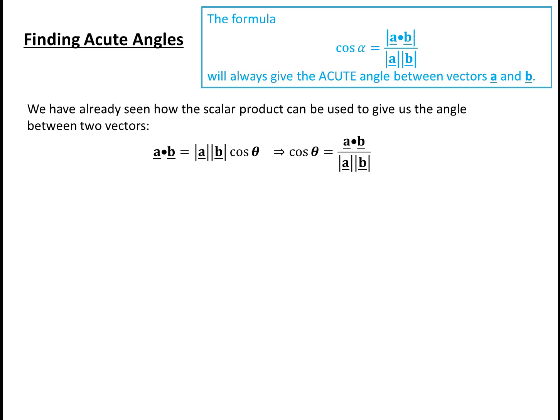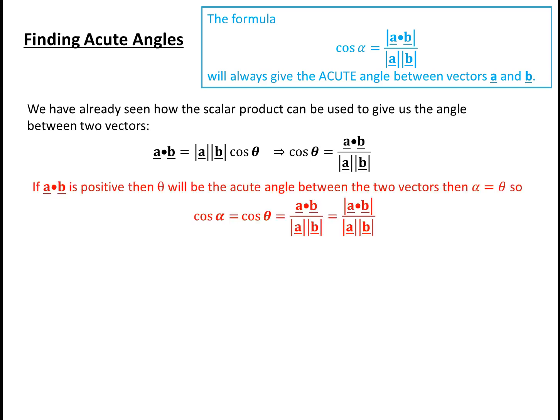So the cosine of theta is equal to A dot B divided by the modulus of A times the modulus of B. Now, if A dot B is positive, then cos theta is a positive number because we've got a positive divided by a positive.